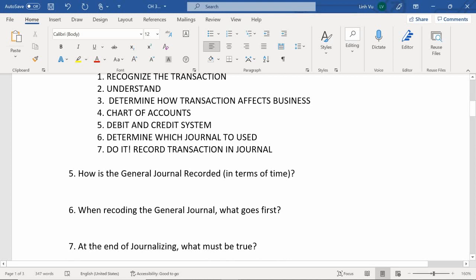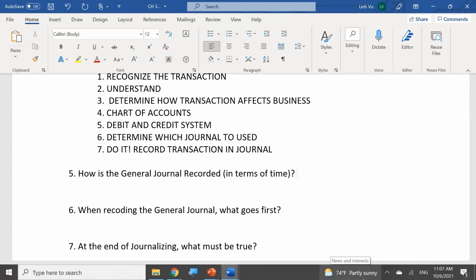Number 5, how is the general journal recorded in terms of time? Is that like the steps?